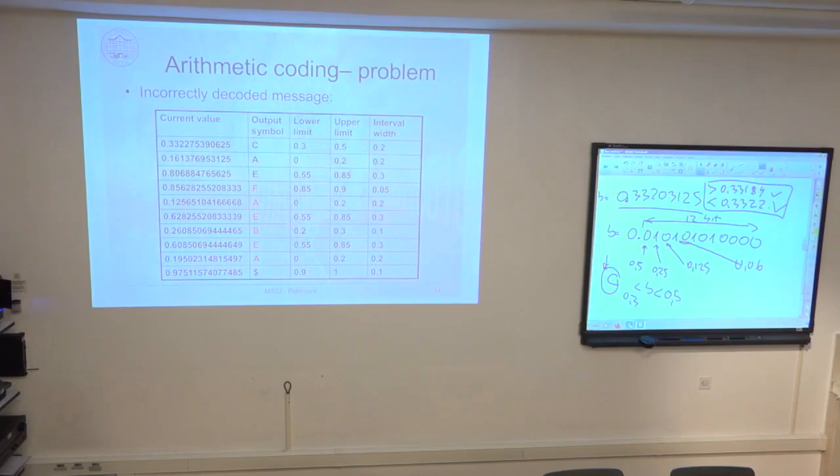It is simply based on the fact that the probability of the message is simply the product of probabilities of individual symbols. You know what you decode, you simply multiply these probabilities, you get the current estimate of the probability of the message, and you compare it with the length of the received binary message, which is actually the same thing.